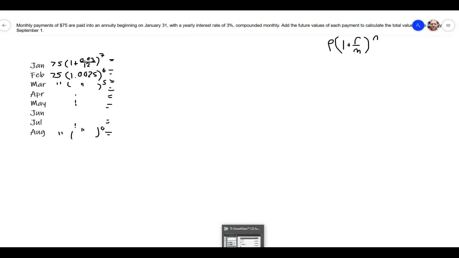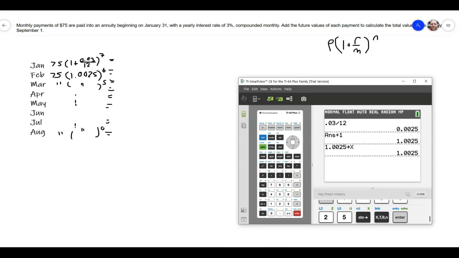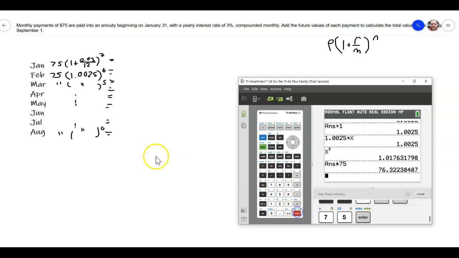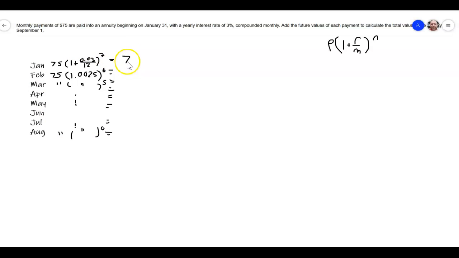I'll do the first couple, and then I'll let you do the rest of them. So the first one is just going to be 1.0025, which I stored as my x. So I'm going to say x raised to the 7th, enter, times 75. So this first one is going to be 76.32.